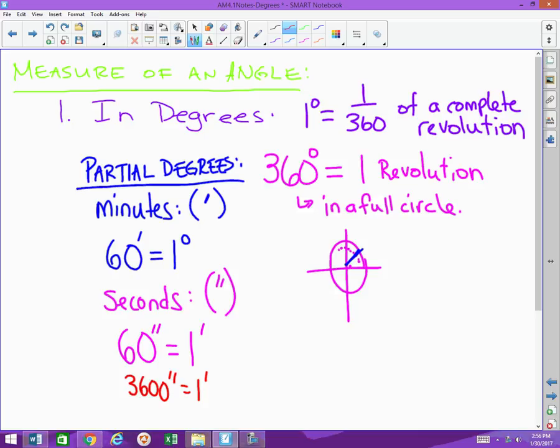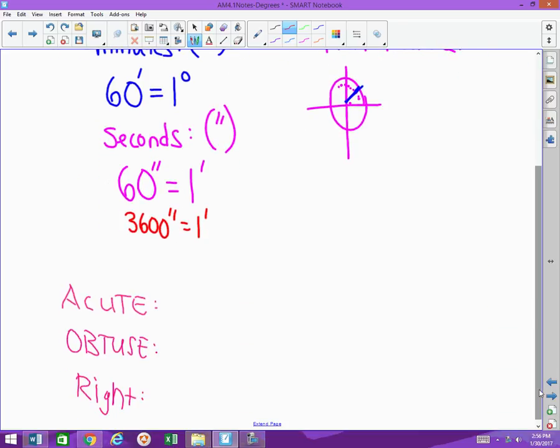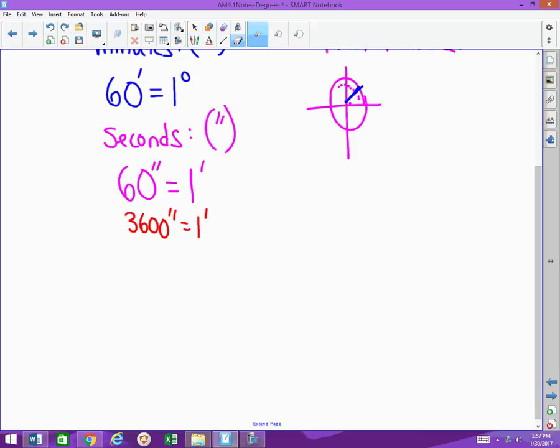And so you have decimal parts of degrees. So let's say you have 25 degrees, 15 minutes, and 30 seconds. And you want to know what the decimal form of that is.